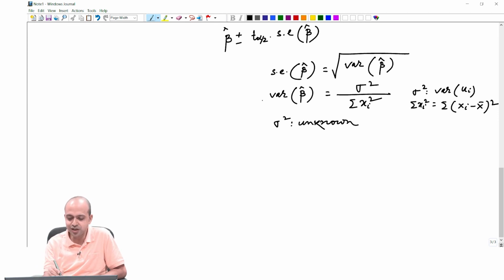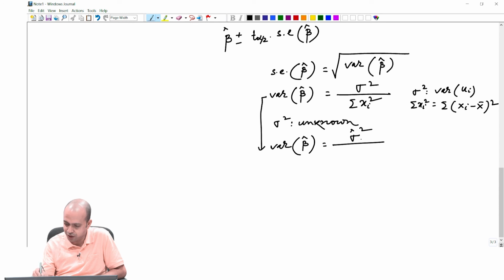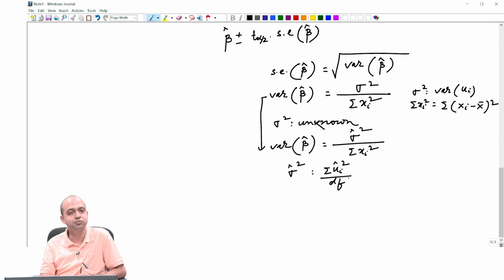Since sigma square is unknown, you calculate your variance of beta hat using its sample counterpart, which is sigma hat square divided by summation xi square. And what is sigma hat square? Sigma hat square is basically summation ui hat square divided by its degrees of freedom.